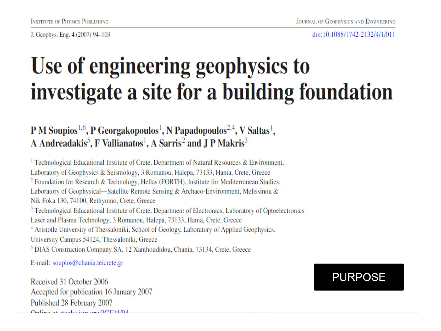So the geological investigation or geophysics, basically it can be classified as site investigation. So what is the purpose of site investigation?